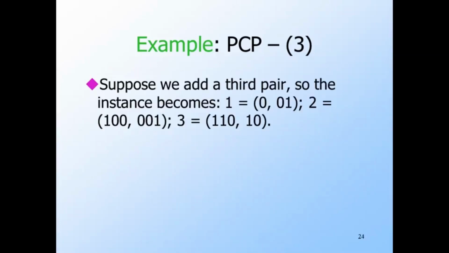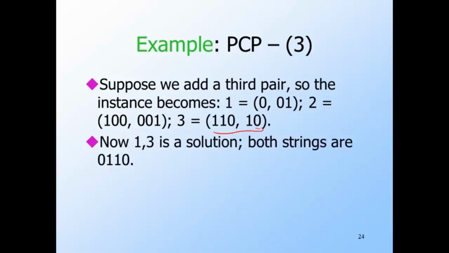On the other hand, let's change the instance a little by adding a third pair, 1, 1, 0, and 1, 0. Now the list of indexes 1, 3 is a solution. From the first strings of the pairs, we get 0 followed by 1, 1, 0, which is 0, 1, 1, 0.